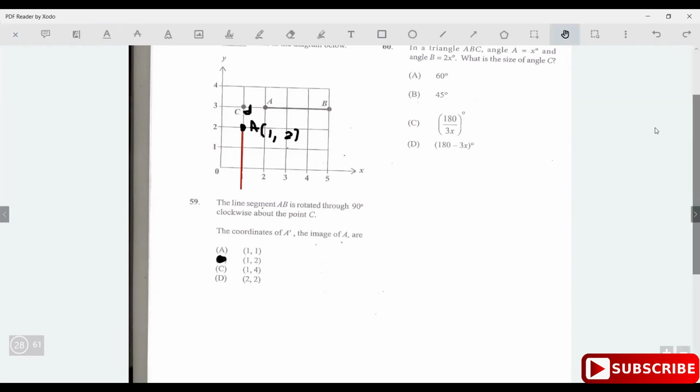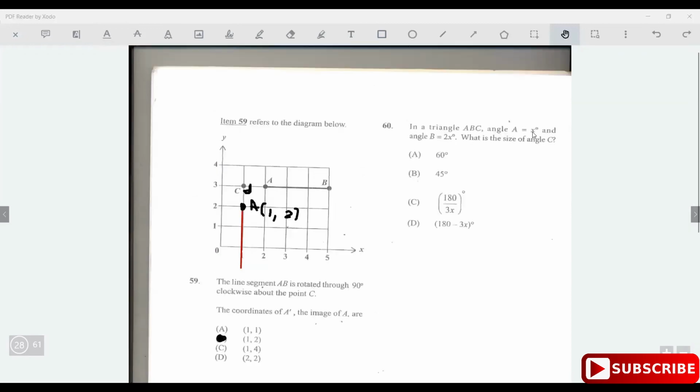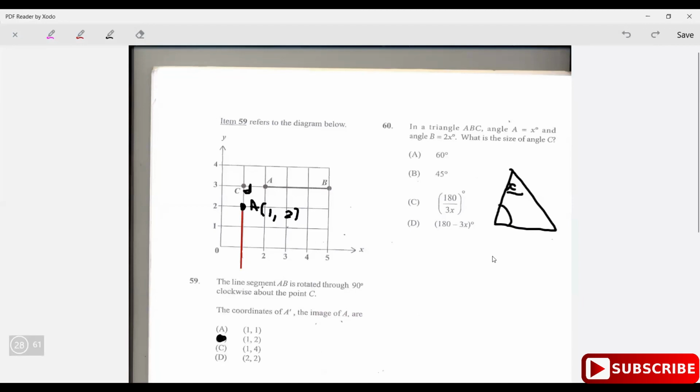Question 60. In a triangle ABC, angle A is x, angle B is 2x. What is the size of angle C? It's always good to draw a little triangle to show them. If this is x and this angle is 2x, then what do we know?